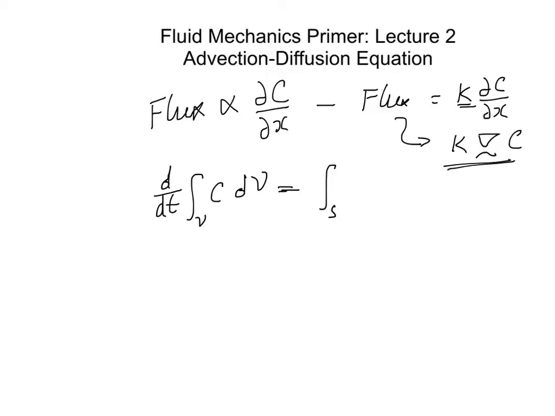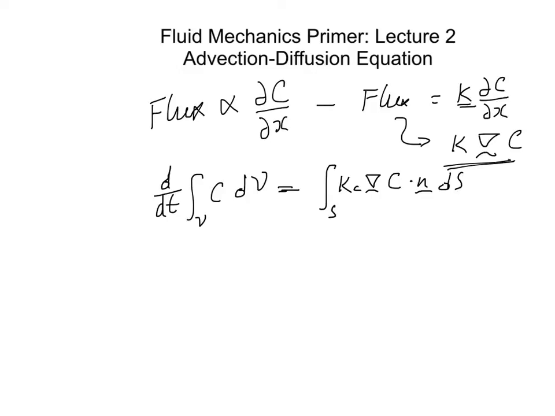In other words, if we integrate over the whole surface, we take the flux that is normal to the boundary, as in grad C dot n dS, and we integrate right around our control volume. This is an expression for saying that the amount of tracer which is in our control volume only varies if we put more tracer in or take some tracer out by this diffusive process.